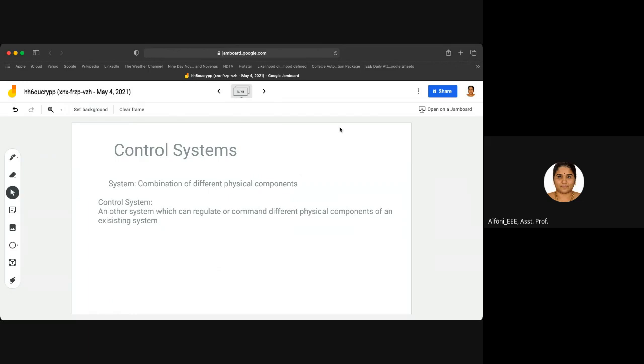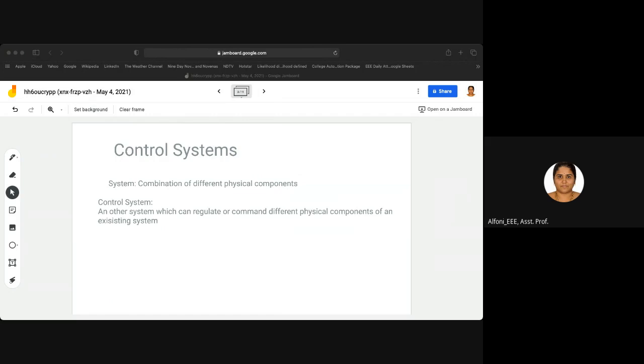A system is a combination of different physical quantities or components. In recent years, control systems have assumed an increasingly important role in the development and advancement of modern civilization and technology. Practically, every aspect of our day to day activities is affected by some control systems.